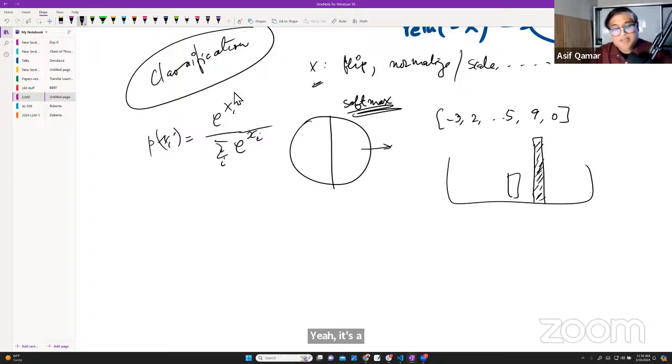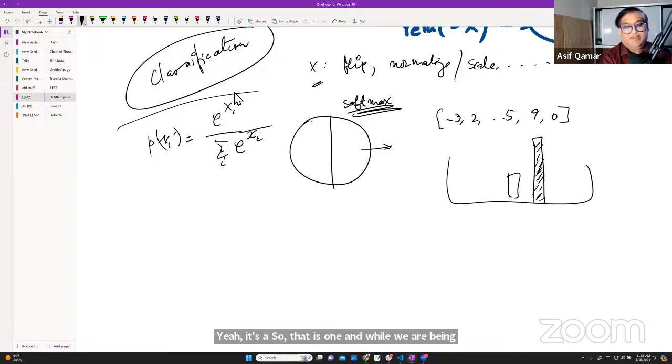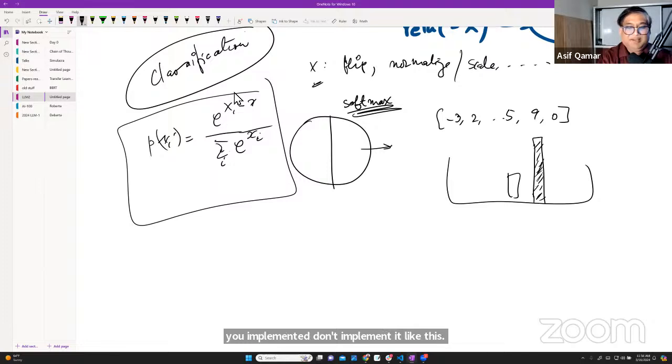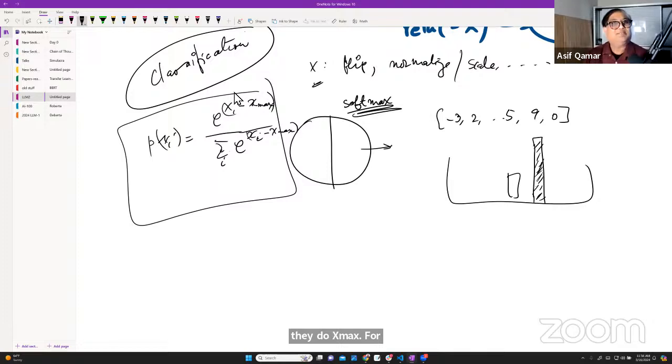So that is one. And while we are being exact, this is the way the softmax is given in books, but strictly, when you implement it, don't implement it like this. What people do, of course, is they use x max. For numerical stability, they look at xi minus x max so that all the values are small, because the exponential can blow up, right?